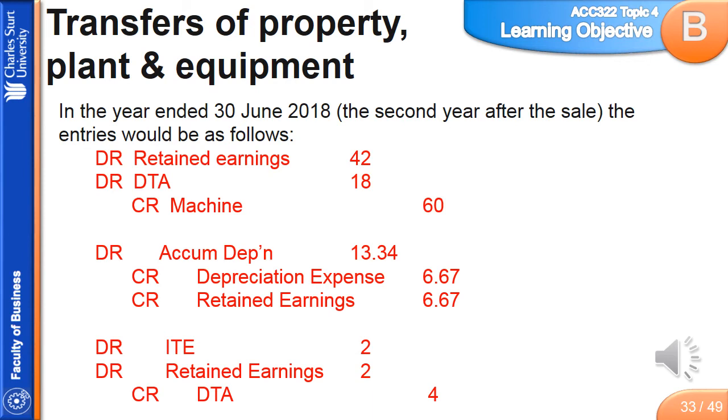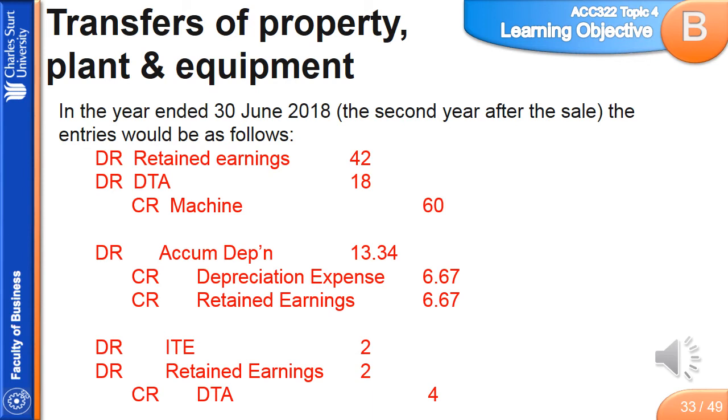So we've got a debit to accumulated depreciation of 13.34, which is 6.67 times 2. So in the credit we've got depreciation expense 6.67, which is the current year, reversal of depreciation back down to $10. Then we've got a credit to retained earnings of 6.67 as well, which is the prior year's depreciation.